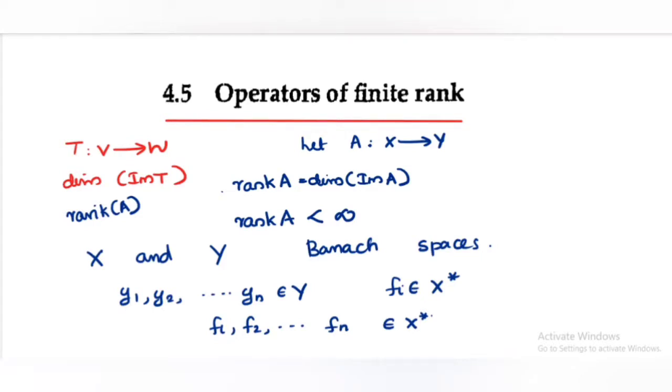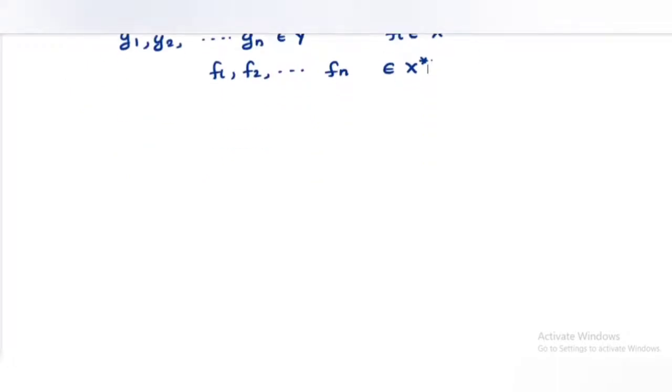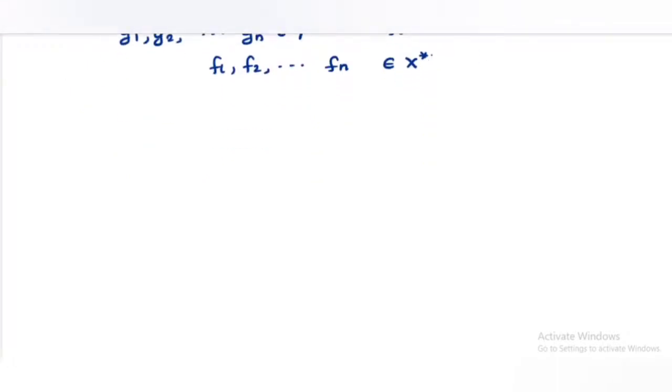Clear? Now we are defining an operator A. Ax is equal to, we define it like this, sigma i equal to 1 to n of fi of x into yi. This is our definition. Let's look at this definition.